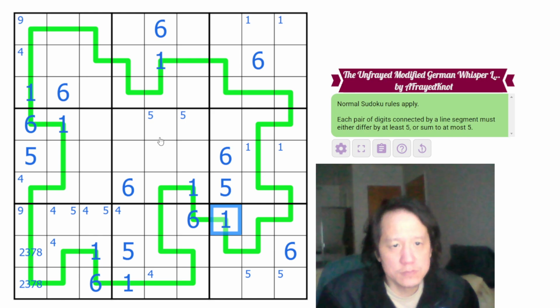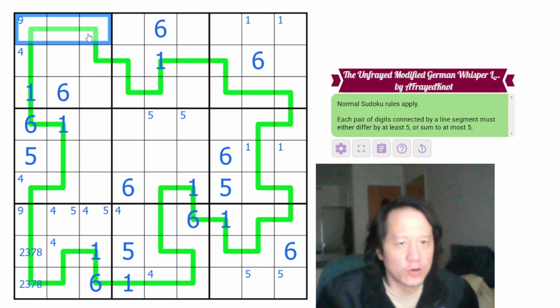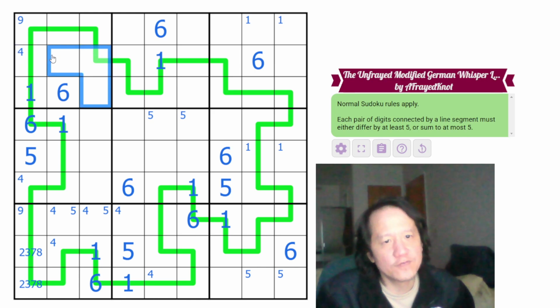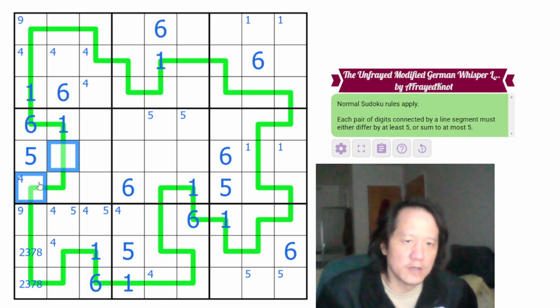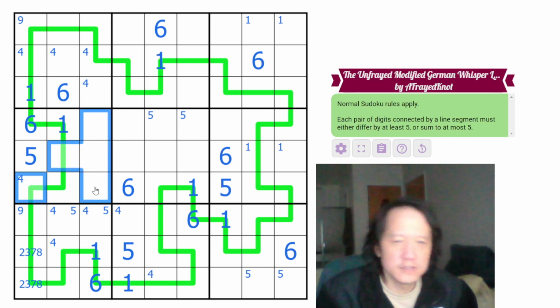None of these 3 could be 4. This could be 4. So 4 could be any of these 4 cells. 4 could be any of these 5.